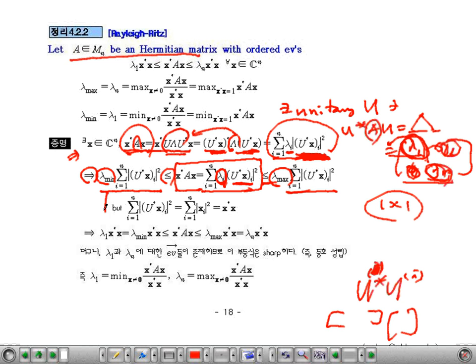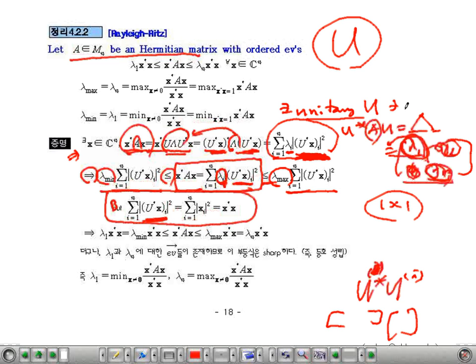But think about it. What is this? U is a unitary matrix. So for the i-th component of U star x, the square of its norm is the same as this, because a unitary matrix is isometric. So it preserves the length.